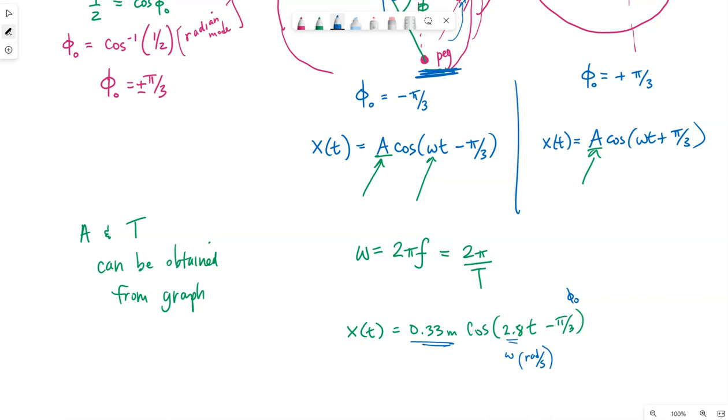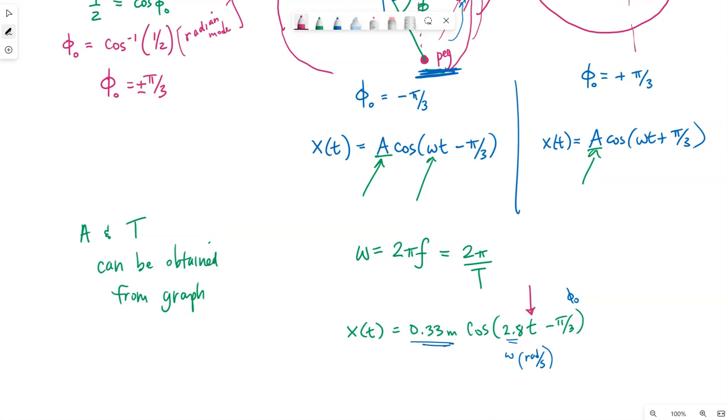It relates to where the mass is at initial time t and what direction it is heading in at that moment. Okay, so again, I made those specific numbers up just to try to explain what we would end up with as an equation of motion.